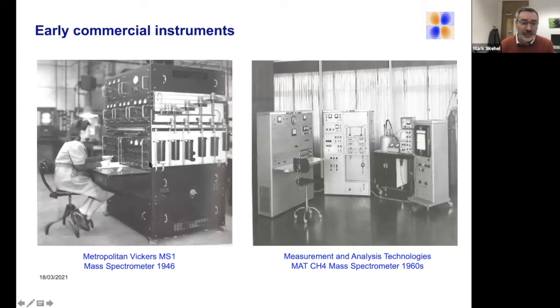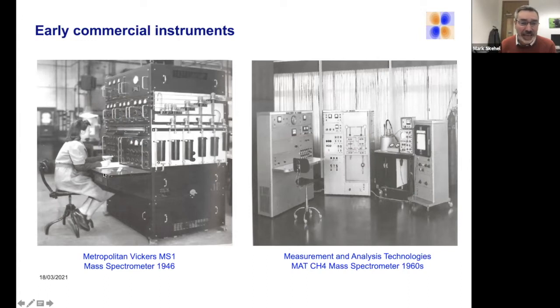I quite like showing this. This is the first commercial mass spectrometer built outside of the United States, and it was built up in Manchester by a company called Metropolitan Vickers, who also built ships and tanks and aeroplanes. This is in 1946. This is the first one, MS1. As it was International Women's Day last week, it's good to show this.